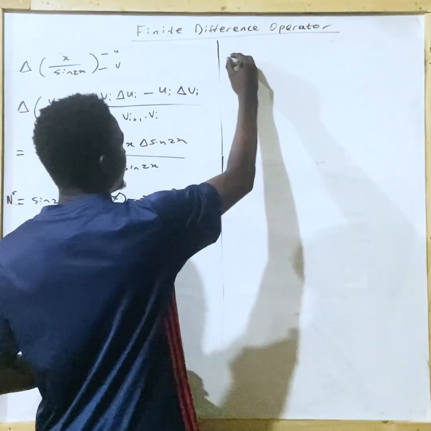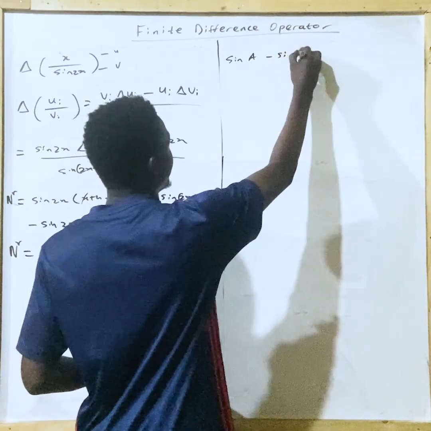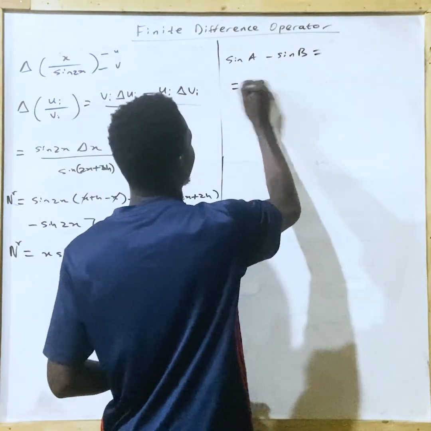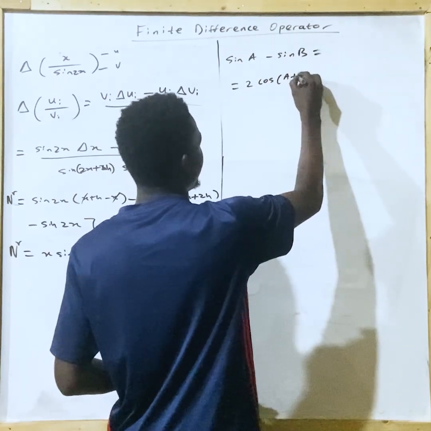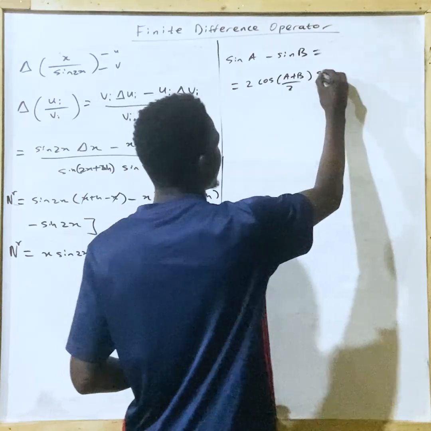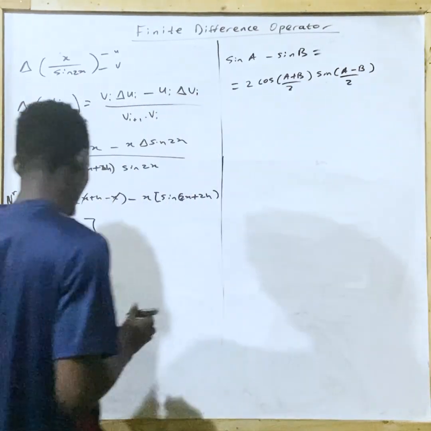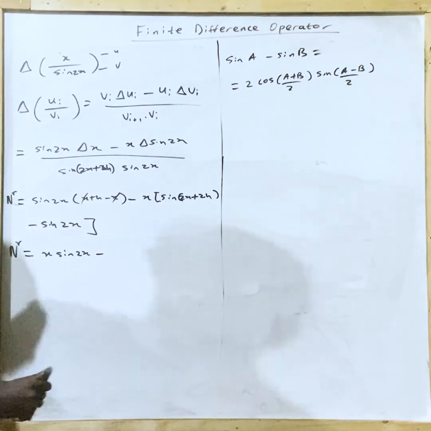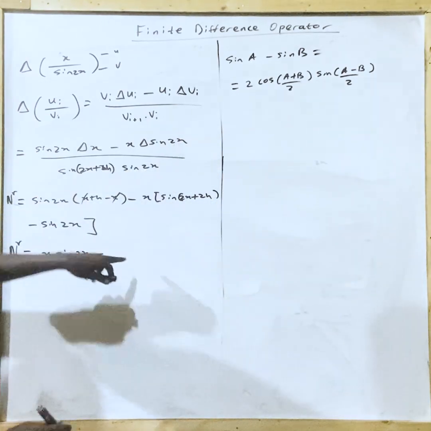The trig identity is sine A minus sine B equals 2 cos((A plus B)/2) sine((A minus B)/2). For this case, our A is 2x plus 2h and our B is 2x.